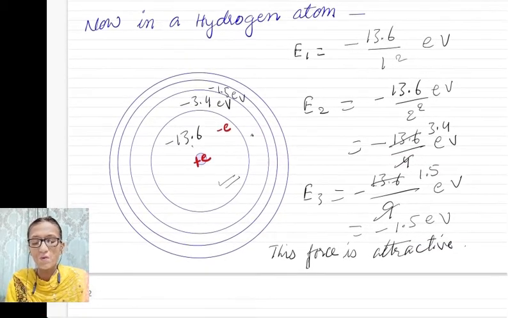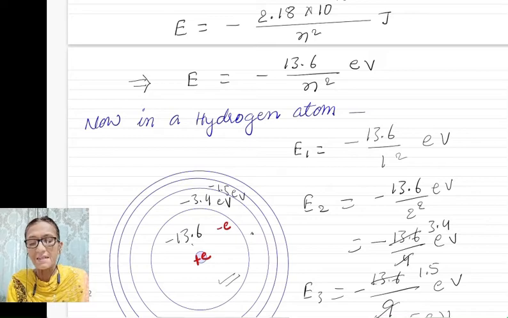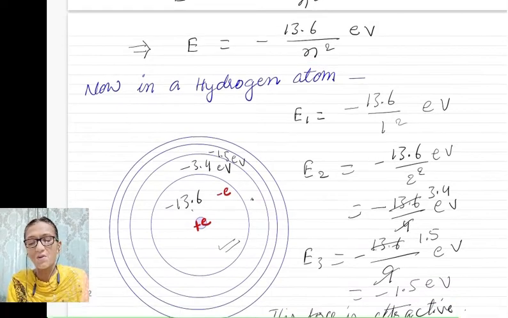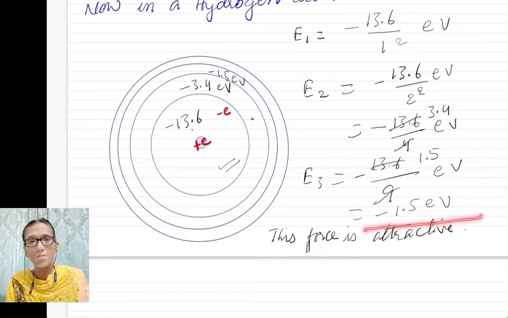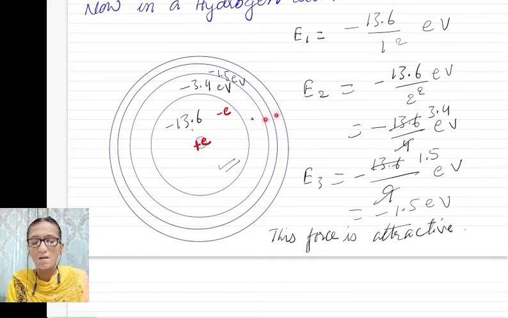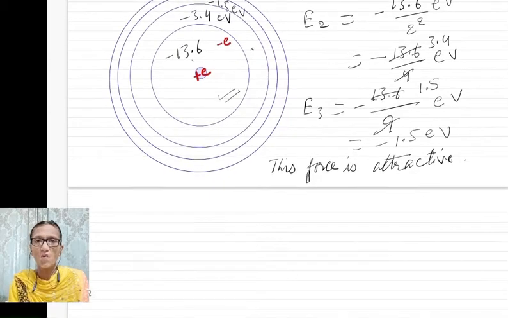Now if you take the electron from second cell to third cell, putting n equal to 3, energy E3 will become equal to minus 1.5 electron volt. So energy goes on increasing as the electron goes towards the outer cell. And when it goes totally outside, energy becomes equal to 0 because the force of attraction is overcome.